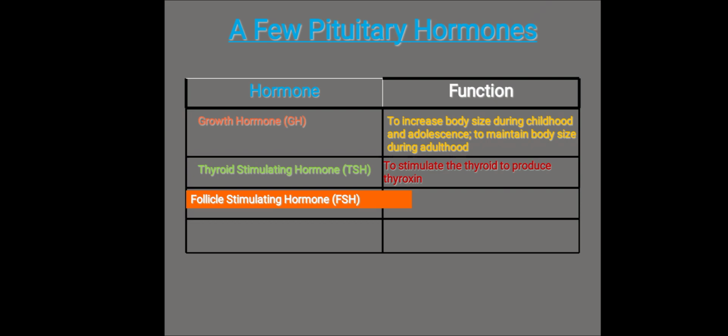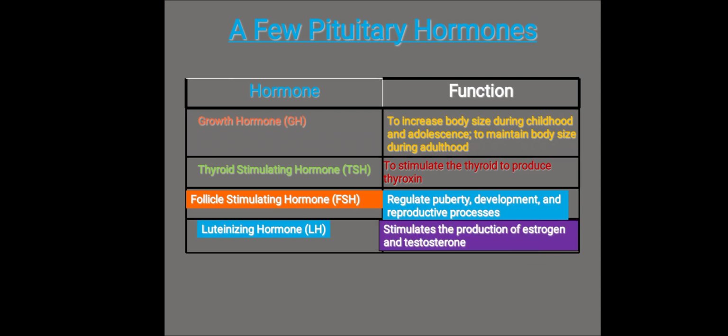Then follicle stimulating hormone, whose function is to regulate puberty development and reproductive processes. Luteinizing hormone stimulates the production of estrogen and testosterone. These are the very important functions of the pituitary gland and the hormones released by the pituitary.